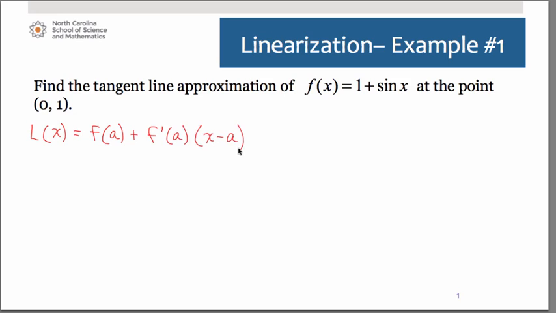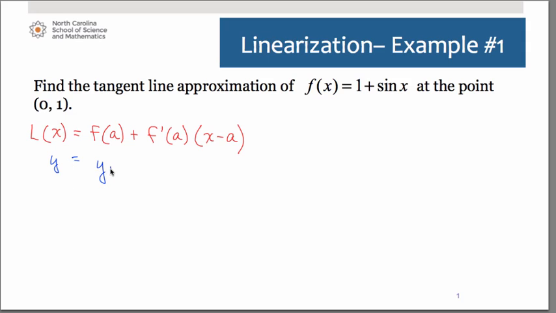Now let's talk about how this is simply a rearrangement of point slope form of an equation of a line. L of x is simply y. F of a is comparable to our y1 that you would have in the point slope form. Remember, point slope form typically states on the left y minus y1.